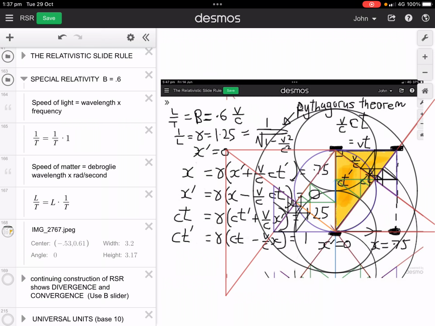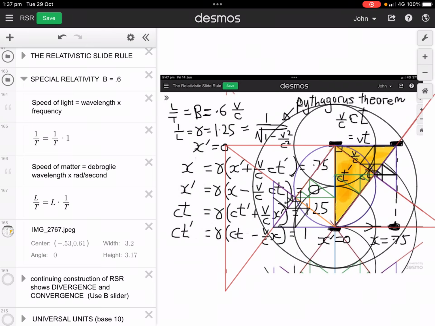So, here I've got a b value of 0.6, meaning that matter is travelling at 0.6 c, and then on the right here I've done the calculation. So I probably don't need to explain that, but CT is gamma and CT primed is 1, and VT along the top is the speed of matter.